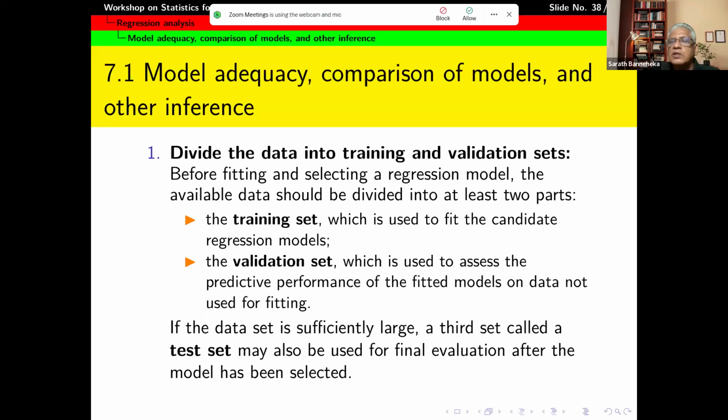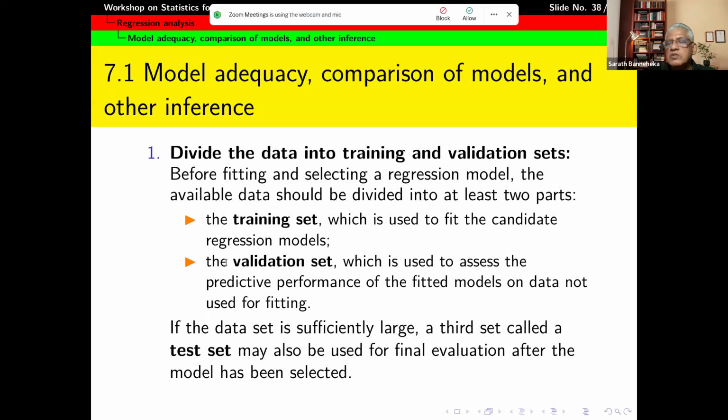When you are fitting a regression model, it is important to have enough data. For example, if your model contains, say, 2 parameters only, still you need about 30, 40 observations to get a good model. For each parameter that you want to estimate, you need several observations. So depending on the number of variables included in the model, the number of required observations will be large.